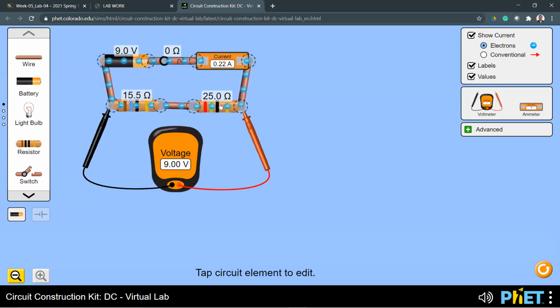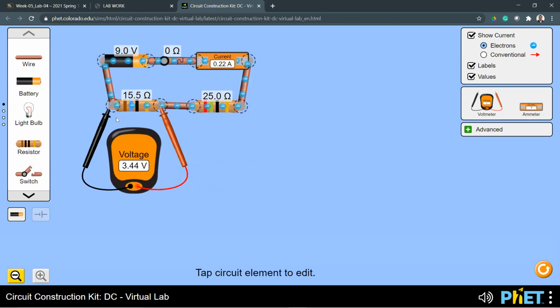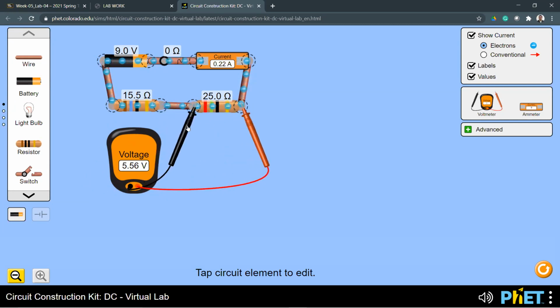It's 9 volt, but if you measure across each resistance, those are different numbers, right? Across resistor 1 you see about 3.44, across resistor 2 you see about 5.56. If you add them together, you will get 9 volt. That's the idea of serial connection. Same line, different voltage, but the same current.